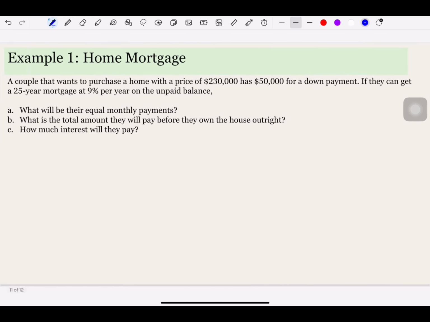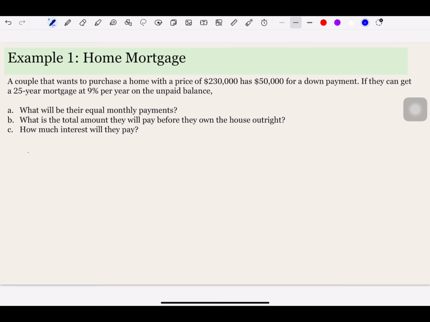Okay, moving on to the second part. In the second part, you have to find the total amount that they will pay before they own their house. The total amount that they must pay before owning the house is the down payment plus the total of the 300 payments.